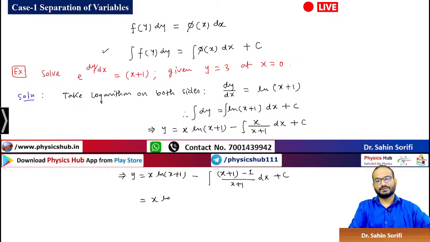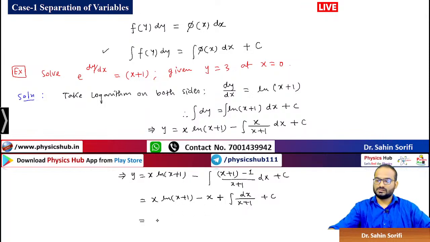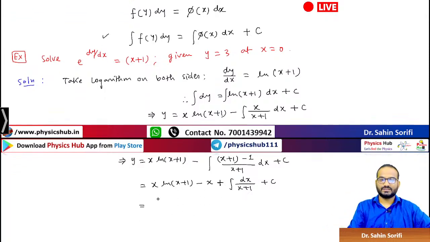So x ln(x+1), then minus the integral of dx, that is minus x, and then plus the integral of dx by (x+1). I am doing this in small steps so that you understand it better.